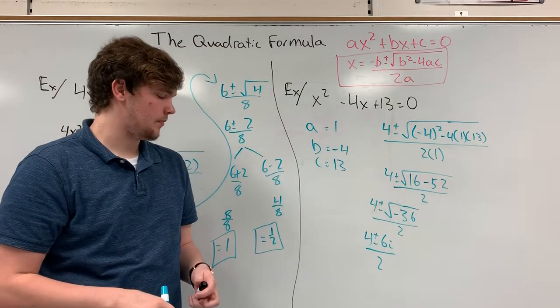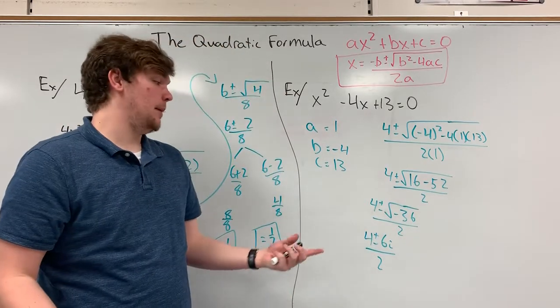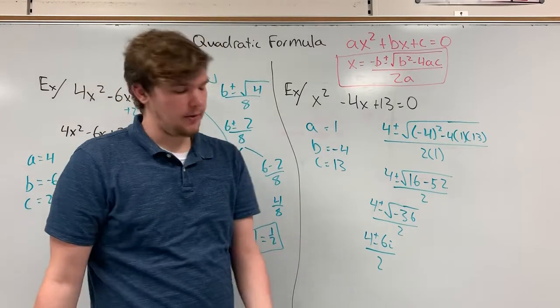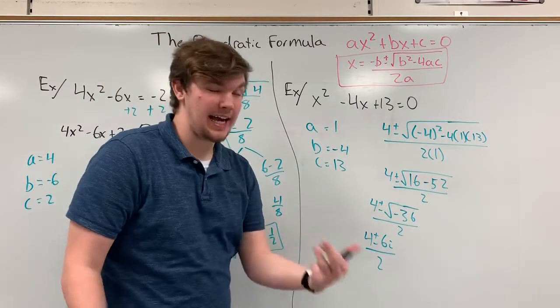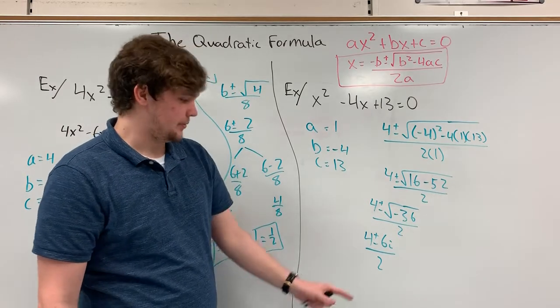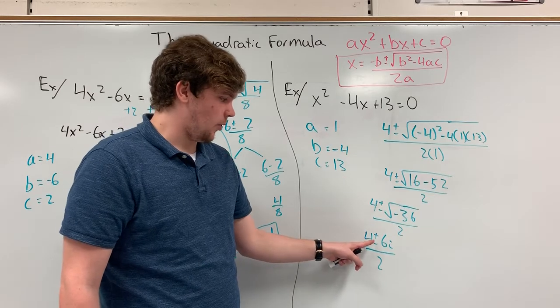And then now I really just have one more step here. Because there's an i in there, I can't really do a whole lot more, right? Because that's that lateral unit, the complex unit, the imaginary, right? And so the only thing I can really do is I have a 4, a 6, and a 2.